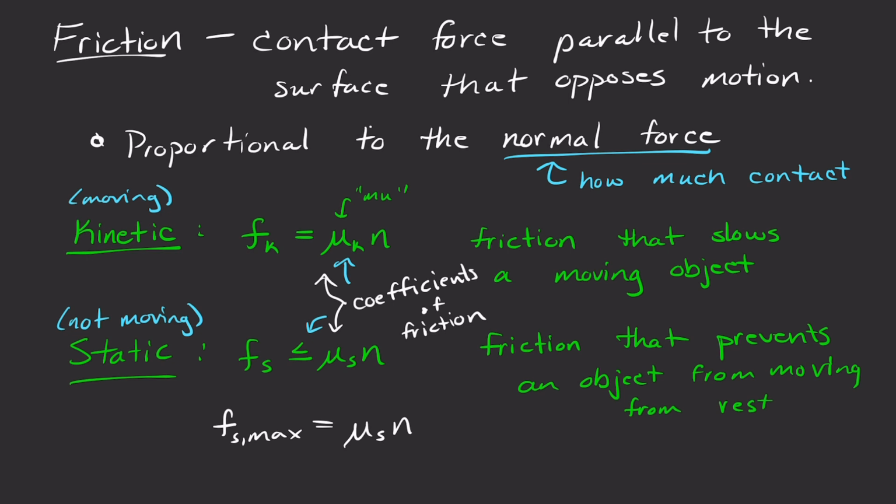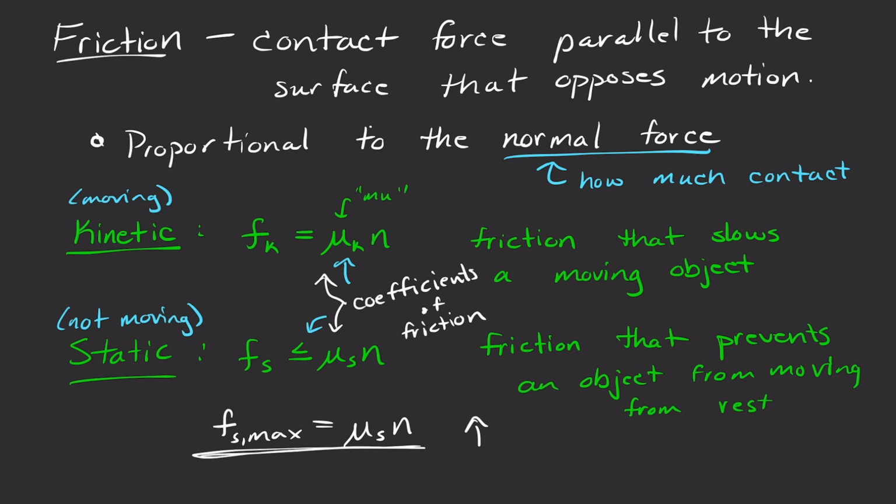The way you should think about this is if you push on a really heavy object and there's friction, if you push on it a little bit, it's not going to move, because friction is opposing however hard you're pushing. If you push a little bit harder, it's still not going to move, and so your friction has increased to keep the object from moving. As you push harder and harder, friction is going to fight you more and more until it reaches some maximum value. Once you push harder than this maximum amount of force from static friction, the object is going to start to move.